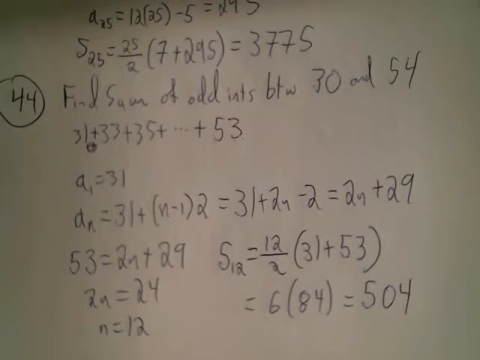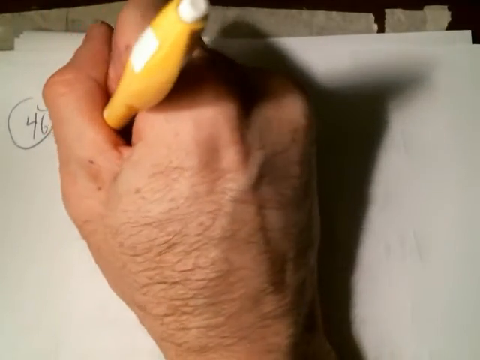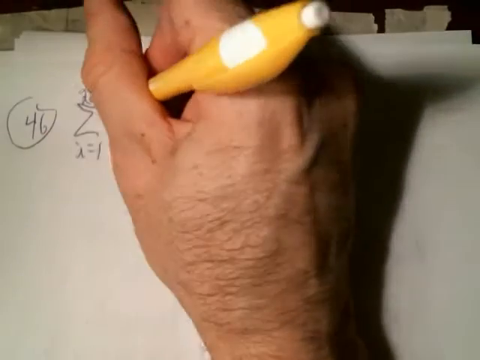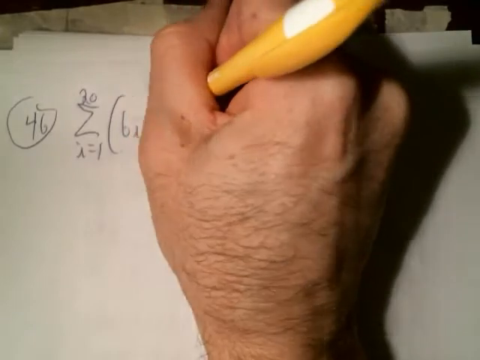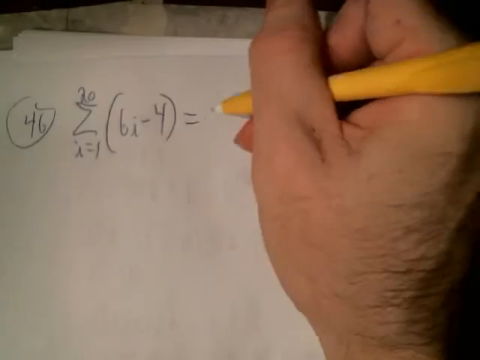Okay. So we get one more. So 46. The sum, i equals 1 to 20, of 6i minus 4. Okay, so what is this thing?